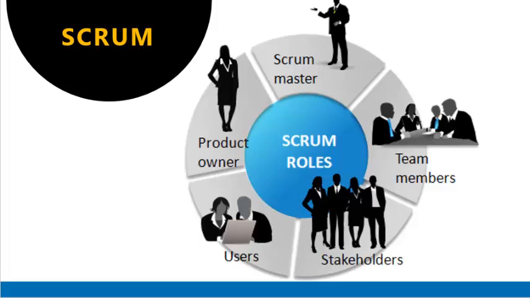The roles of Scrum are Scrum Master, team members, stakeholders, user, and product owner. In this method, there isn't a boss of the project.